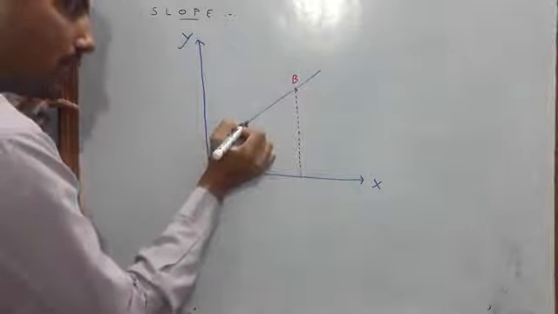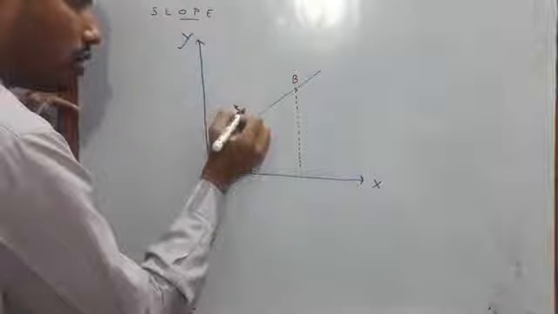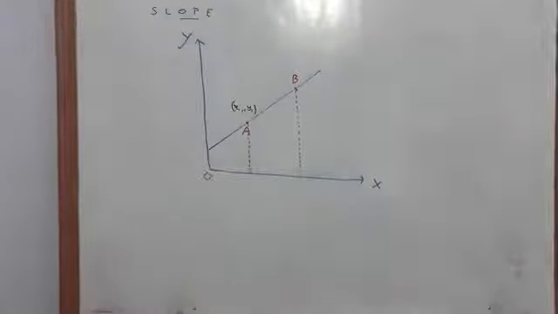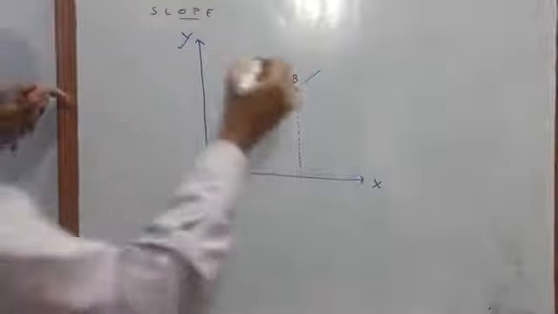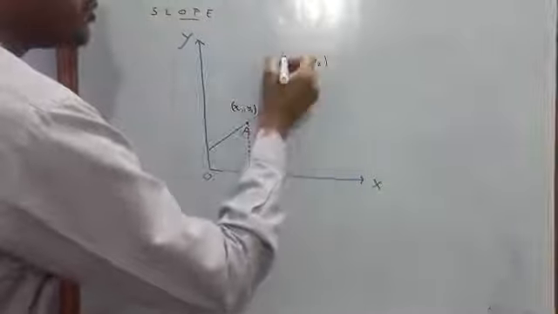For point A, the coordinates are suppose x1, y1, and likewise for point B the coordinates are suppose x2, y2.